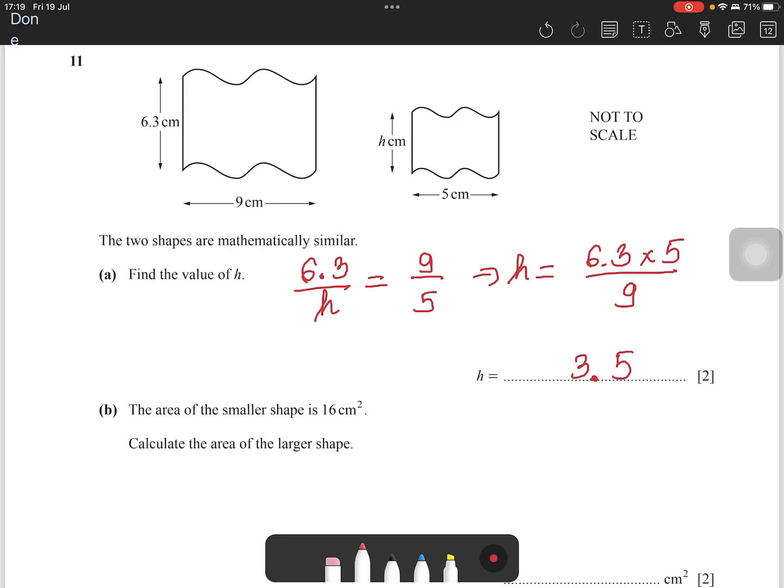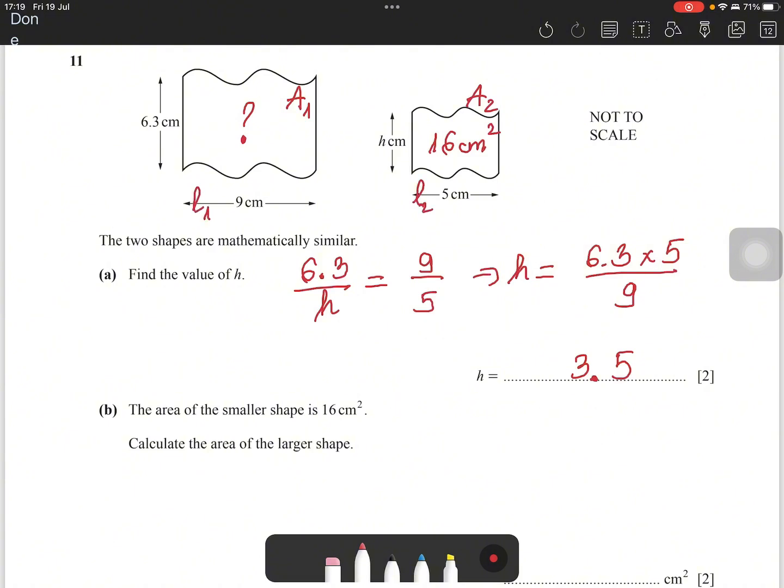B. The area of the smaller shape is 16 square centimeters. Now we calculate the area of the larger shape. So I will call this A1, this is A2, and 9 is L1, 5 is L2.